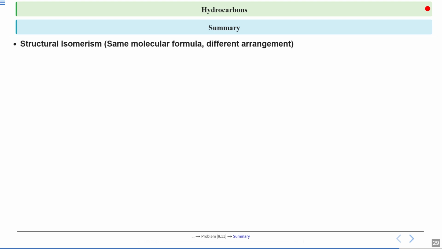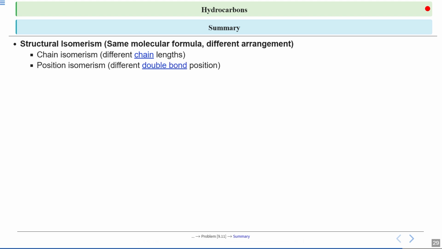Now let us have a quick short summary of the topics that we have learned in this class so far. First is structural isomerism, which has the same molecular formula but different structural arrangement of atoms. Here we have the first case where the chain length can vary. This is because the backbone of the carbon chain is changing.